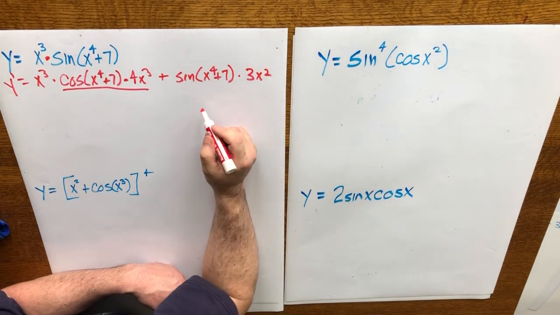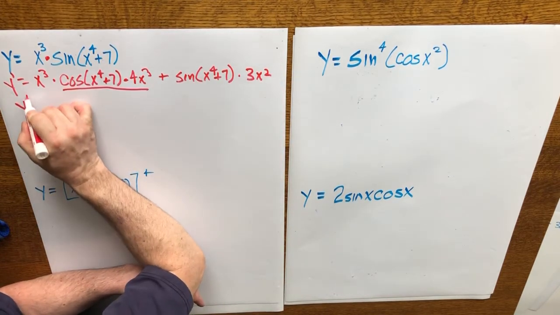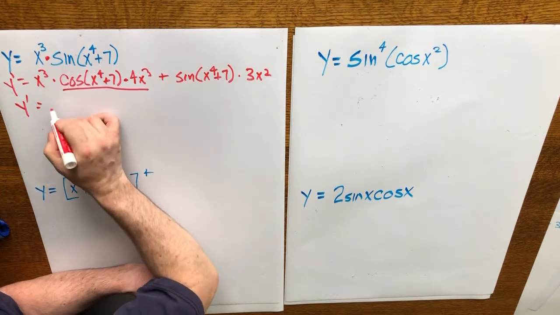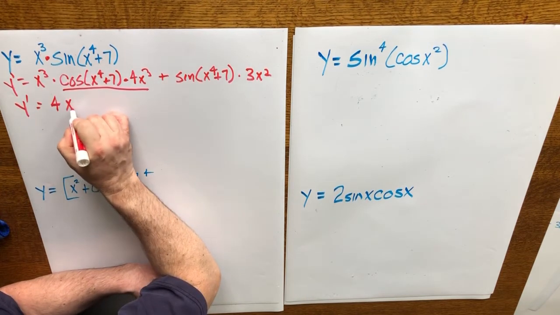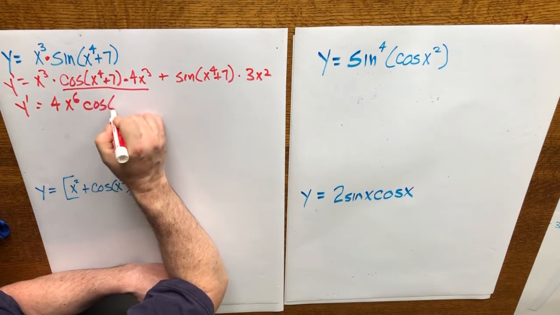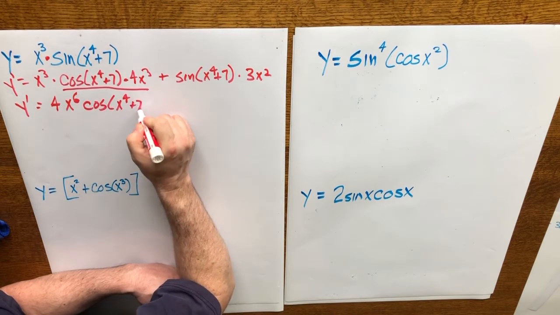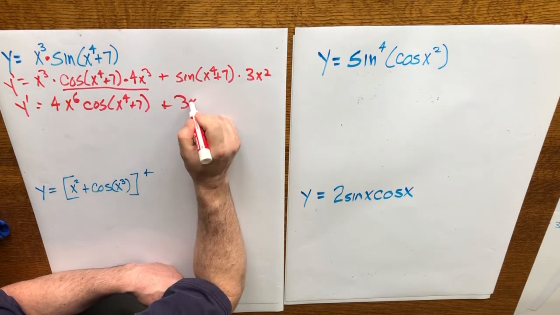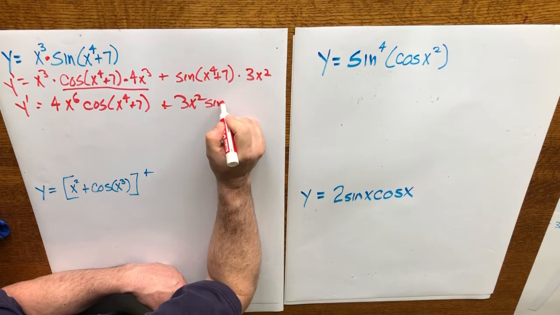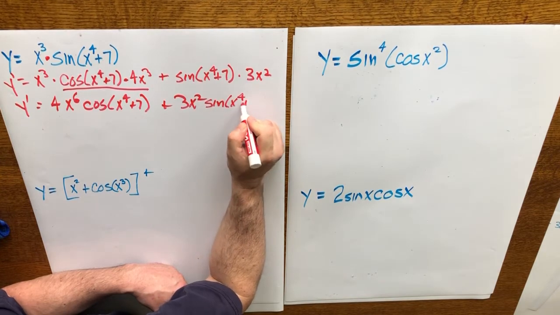So let's look at these two groups. I can see y prime having 4x cubed times x cubed is 4x to the 6th cos (x to the 4th plus 7) plus 3x squared sine (x to the 4th plus 7).